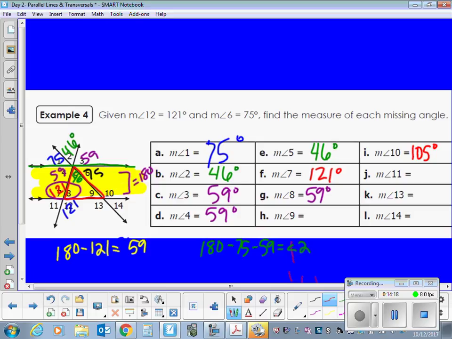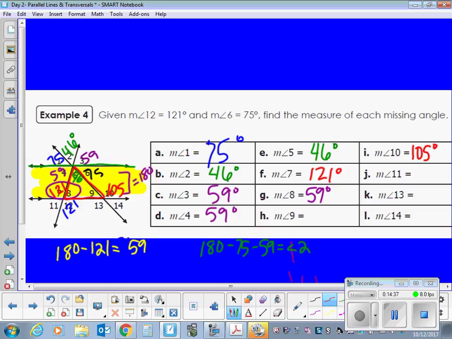So angle measure 10 is 105. Wait, how do you get that? Because they're consecutive interior. So whenever it's like that, you have to subtract them from 180, right? Yep. 180 minus 75. So you could do angle 9 two different ways. You can add up, subtract from 180, or you can just do 180 minus 105.